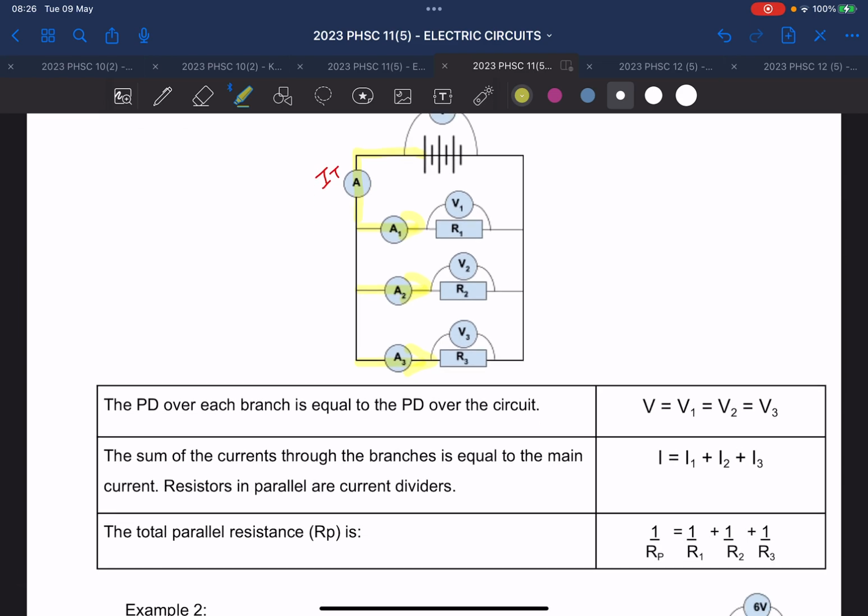In parallel, you have a choice, like accounting or geography or tourism. So the sum of the current through the branches is equal to the main current. A fancy way of saying that is resistors in parallel are current dividers. They divide the current.